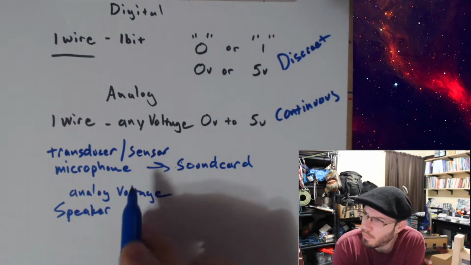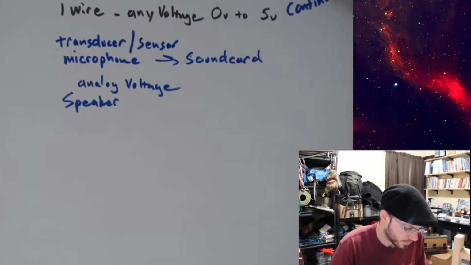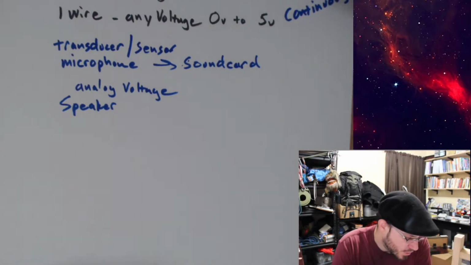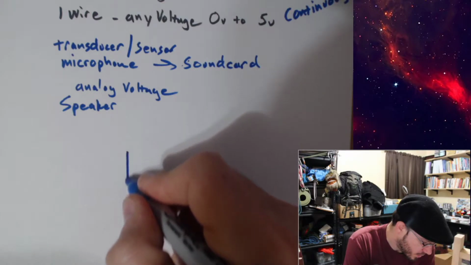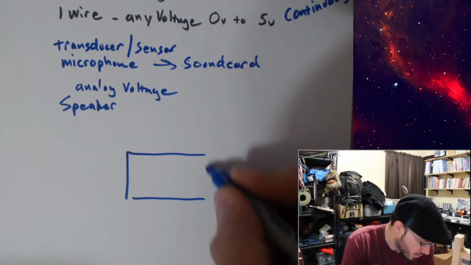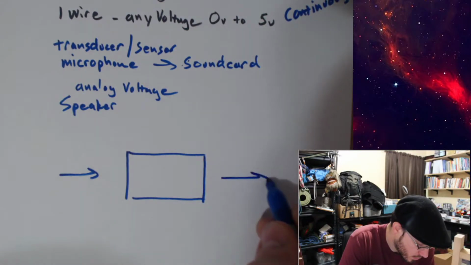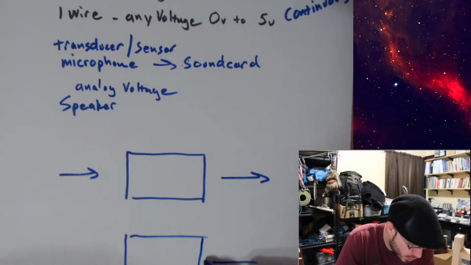So you're really dealing with a bunch of sensors. And so what we want to be able to do is come up with a way to jump back and forth between these two.